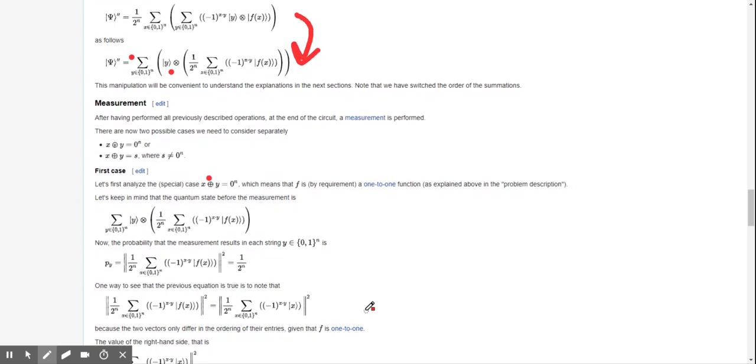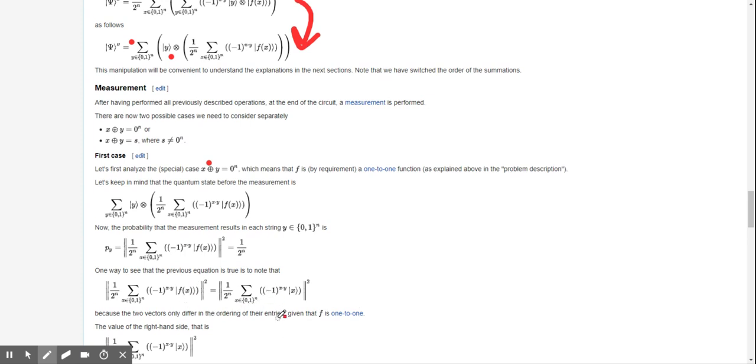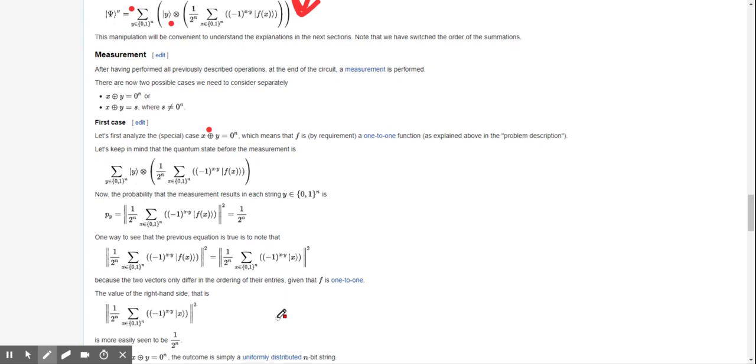Now the probability that measurement results in each string y is the probability of each string y. One way to see that the previous equation is true is to note that the two vectors only differ in the ordering of the entries.